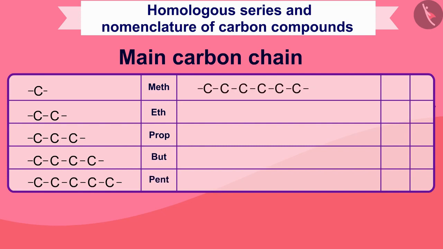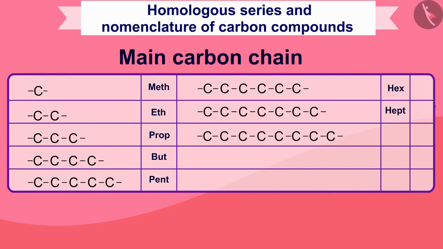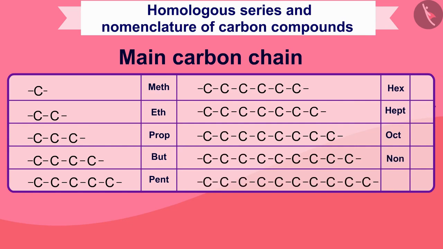If there are 6 carbons, then we will write hex. If there are 7 carbons, then we will write hept. If there are 8 carbons, then we will write oct. If there are 9 carbons, then we will write non. If 10 carbons, then we will write dec. You must remember this sequence very well.